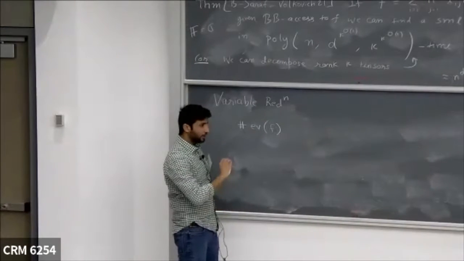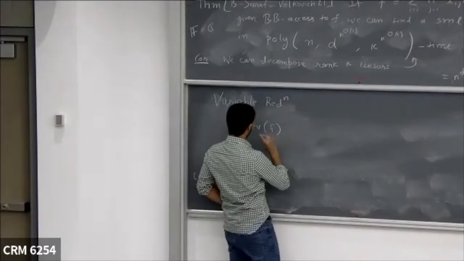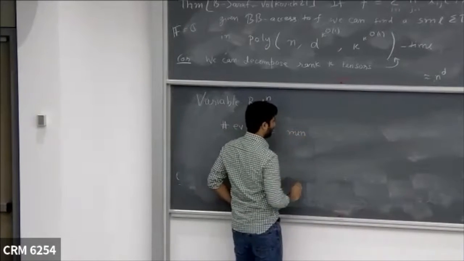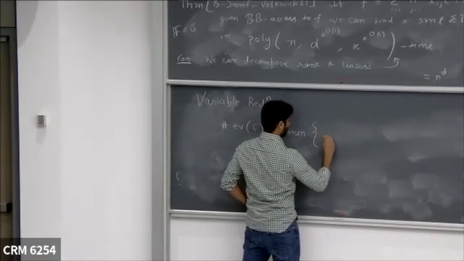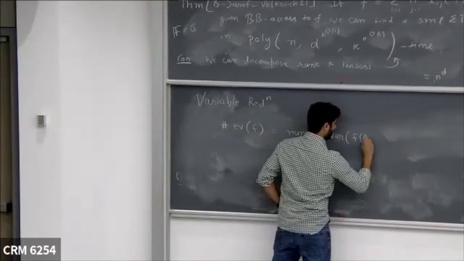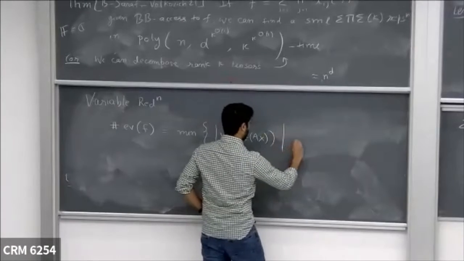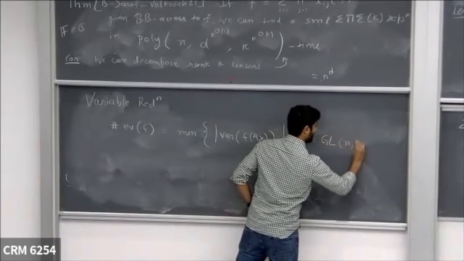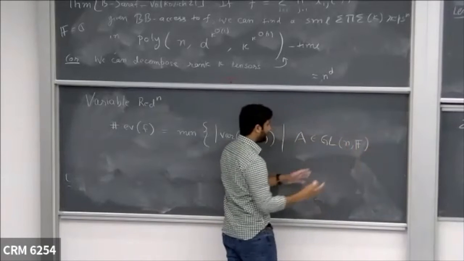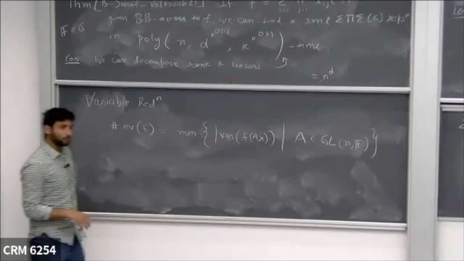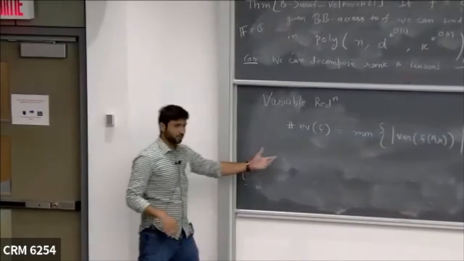This is defined as the minimum size of the variable set of f(Ax) over all A in GL_n(F). So you can apply any invertible linear transformation on a polynomial, and how many variables can you reduce to? That's the notion of the number of essential variables.